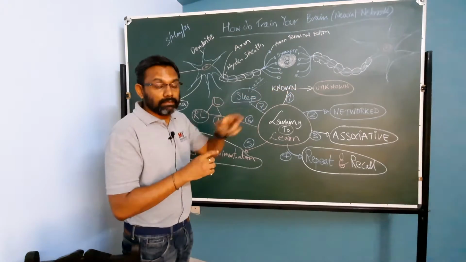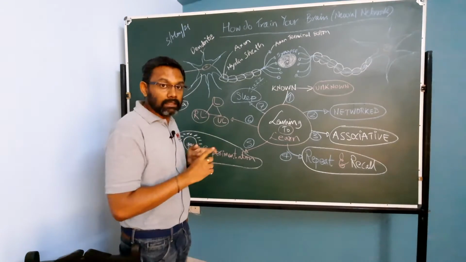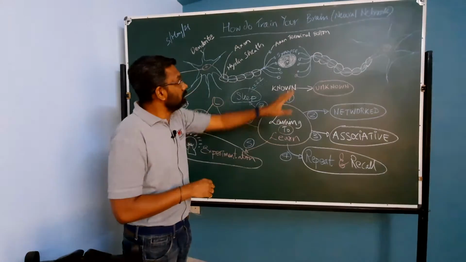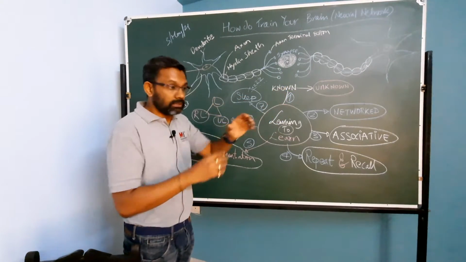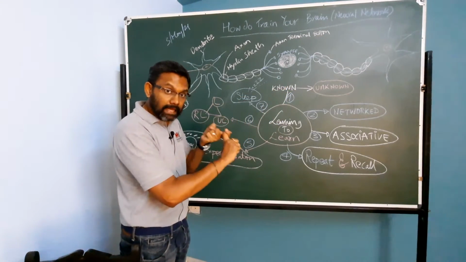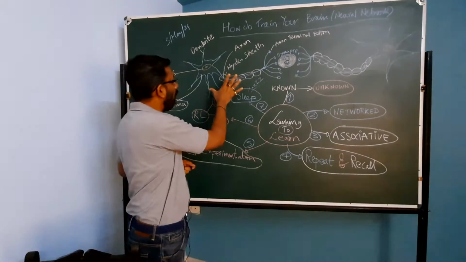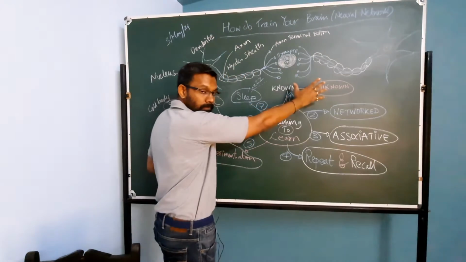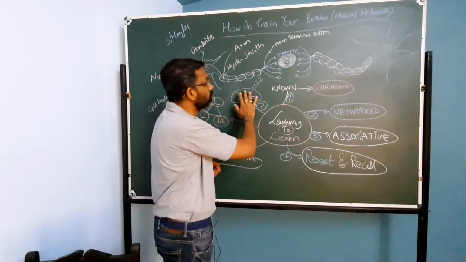And this is a very important part of the entire learning process. The synapse. Why is it important? Because it serves as an exchange of chemicals from one neuron to the other and vice versa.